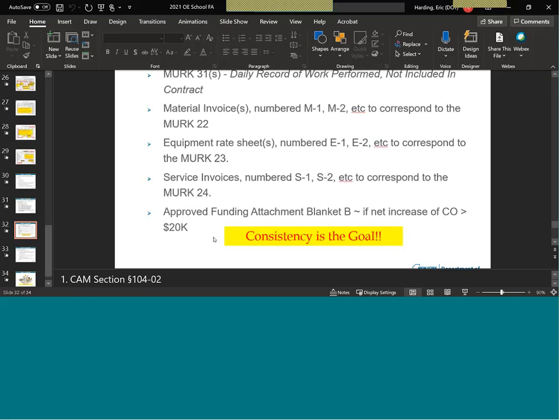I don't know if that's a department policy, but when you finish up your force account, you've got to finalize, sign, check, and put it on an order. You may have increases and decreases and other new items, agreed prices. Throw it all in the order. If that order happens to come up to a net increase of more than $20,000, then you'll need the blanket attachment B.